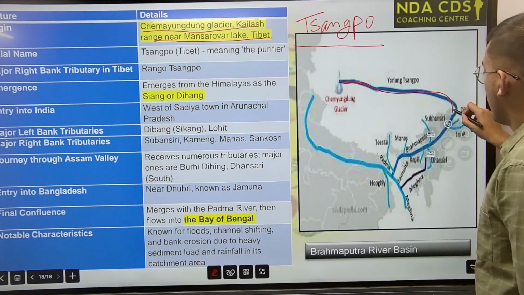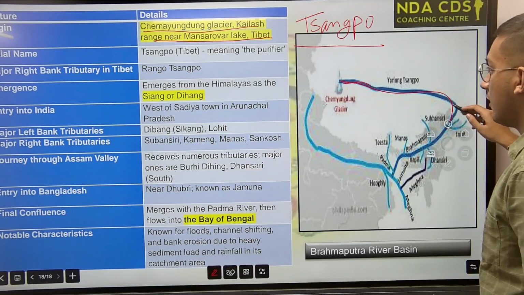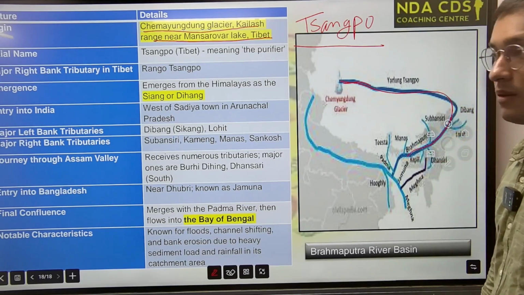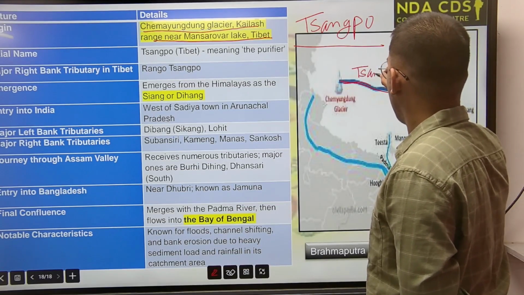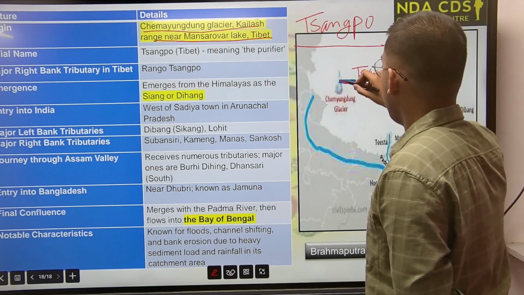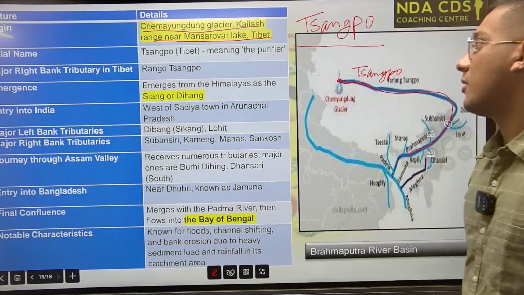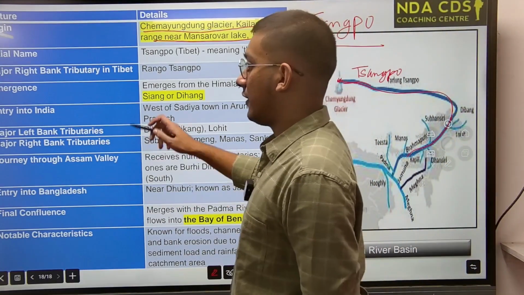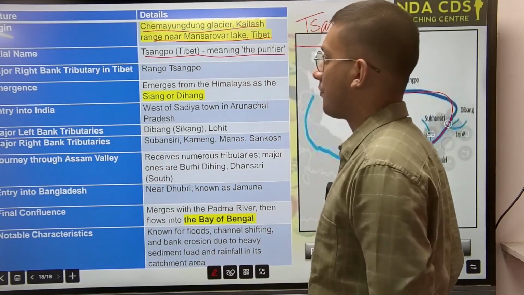Once it enters northeast, it is known as Dihang, and then it comes into Assam, known as the Brahmaputra. In Tibet, it is known as Tsangpo, and it starts here at Chemayungdung Glacier near Kailash Range. Its initial name is Tsangpo. In Tibet, it means the purifier.